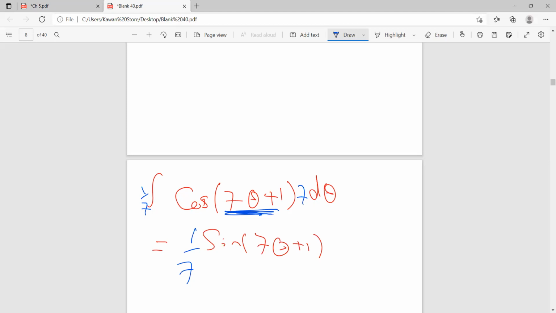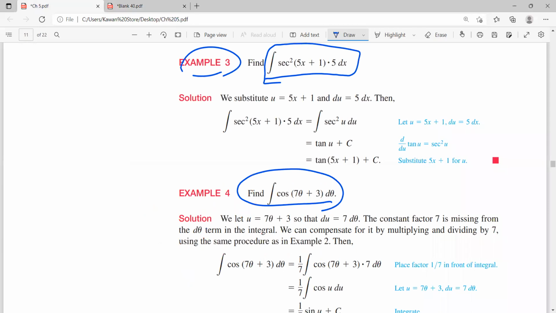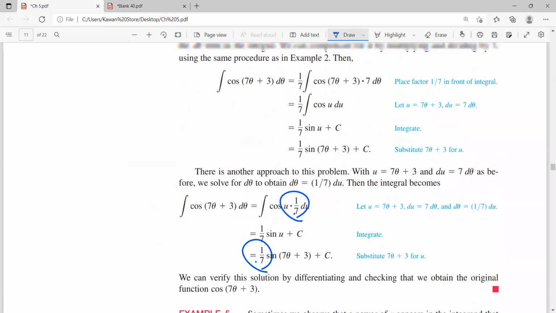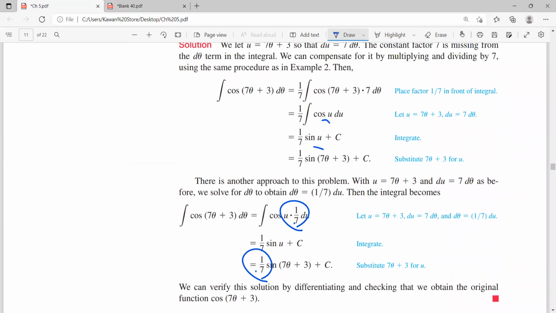You need the integral more than you expect, so please be with me. I'm going slowly. If you have a question, do not hesitate, just ask. Now you can see 1 over 7 here, and you'll get the result. And here's another method to solve it.